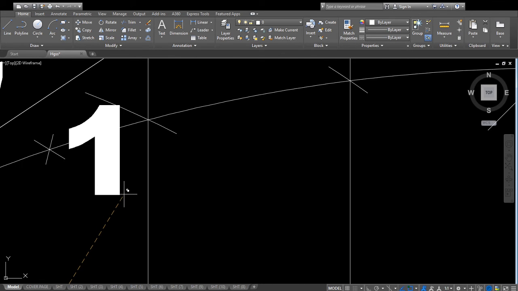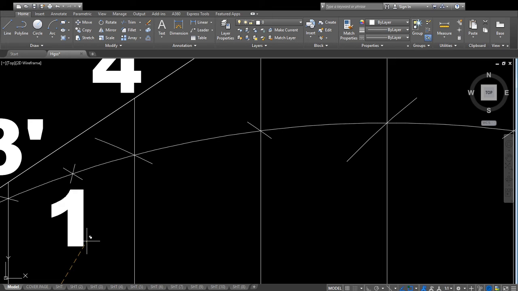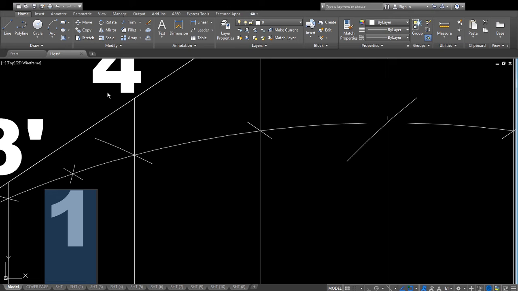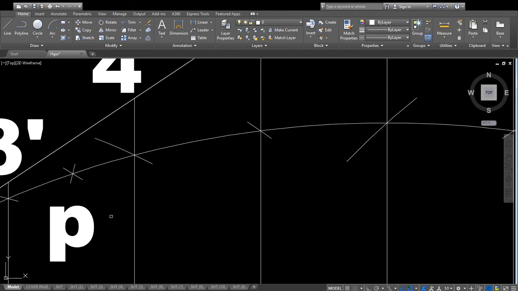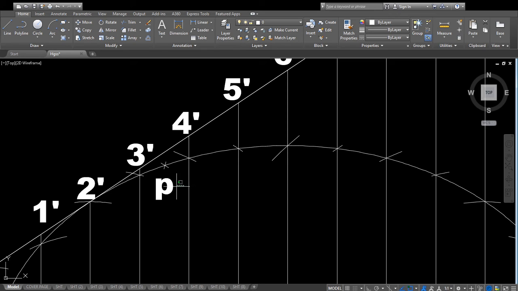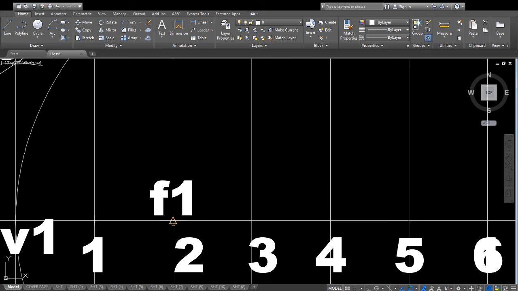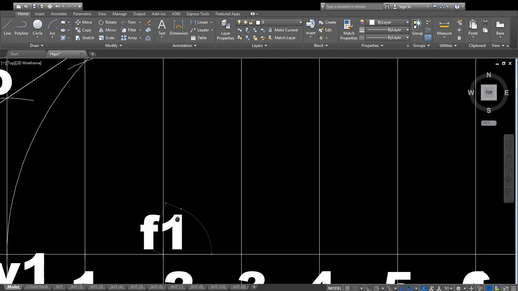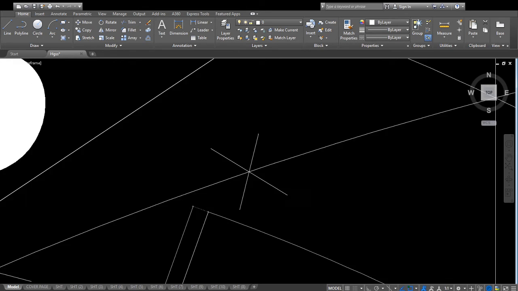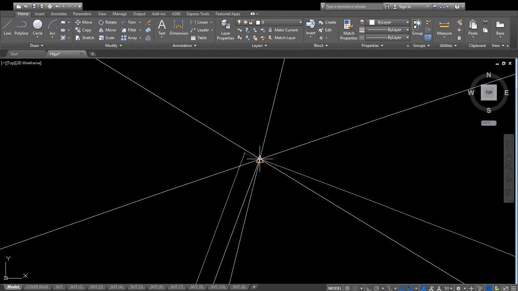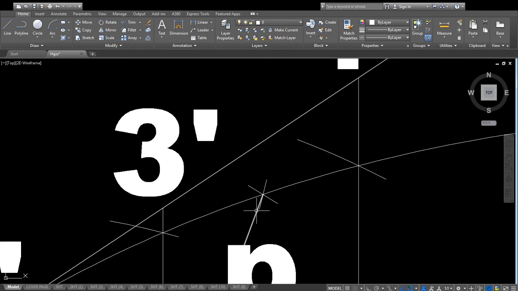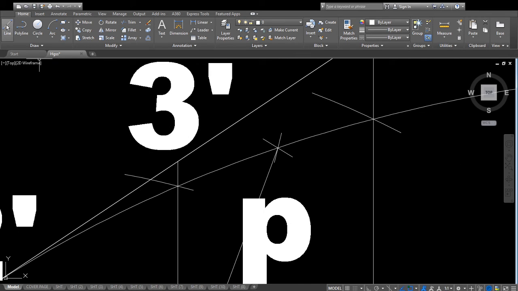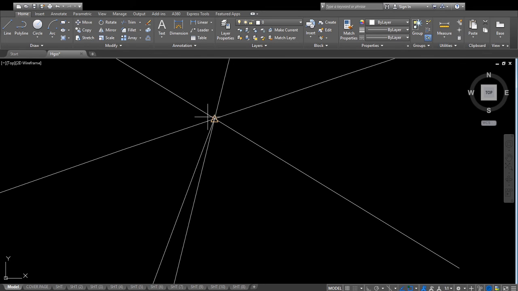Let's call this point P. Okay, and now we draw a line from F to point P, and then a horizontal line from point P to the vertex.